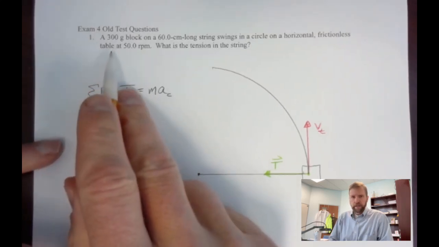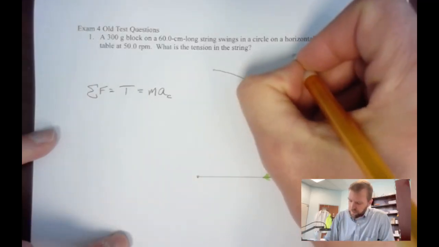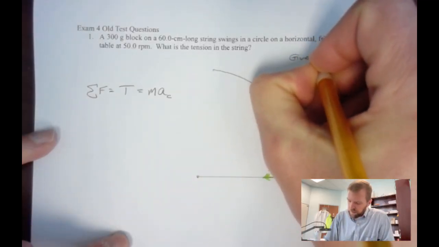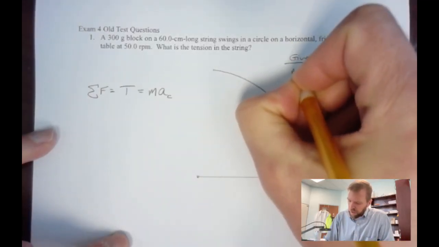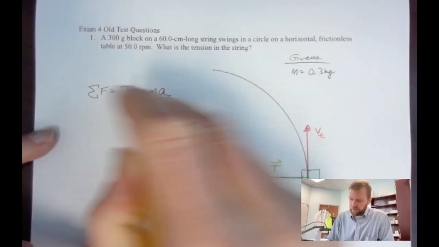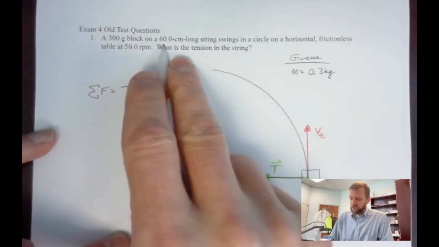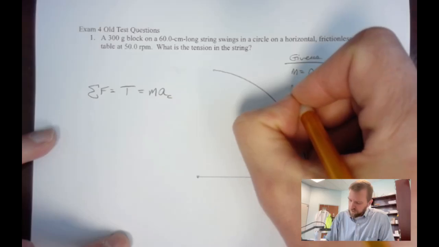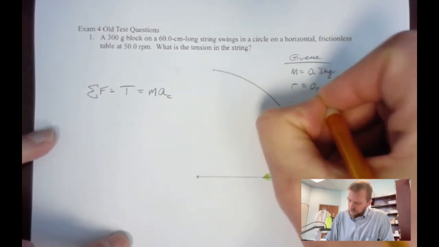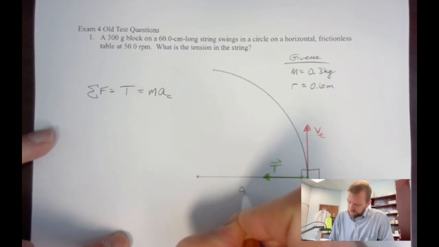Let's go ahead and, as we've been doing, write out some of our givens. We know the mass. The mass of the block is 0.3 kilograms because it's 300 grams. The radius of curvature is 60 centimeters, so R is 0.6 meters, and that's this distance right here.